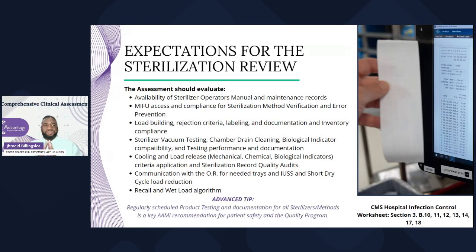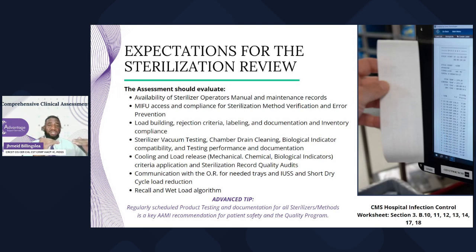One of the tips: regularly scheduled product testing and documentation of sterilizer methods is a key AAMI recommendation for patient safety and quality program. So for both hydrogen peroxide and steam loads, you should have product testing done at least on an annual basis that proves all the configurations, all the types of trays that we have have been tested.